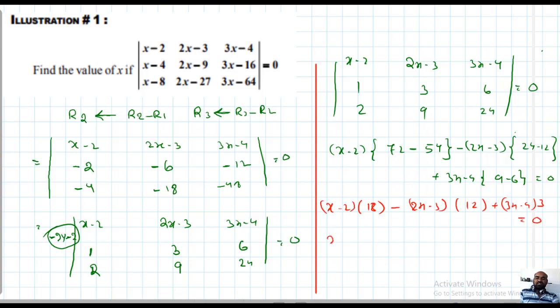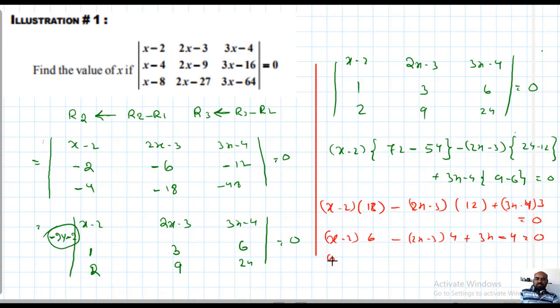Or another way I can say: x minus 2 into 6, minus 2x minus 3 into 4, plus 3x minus 4 equal to 0.